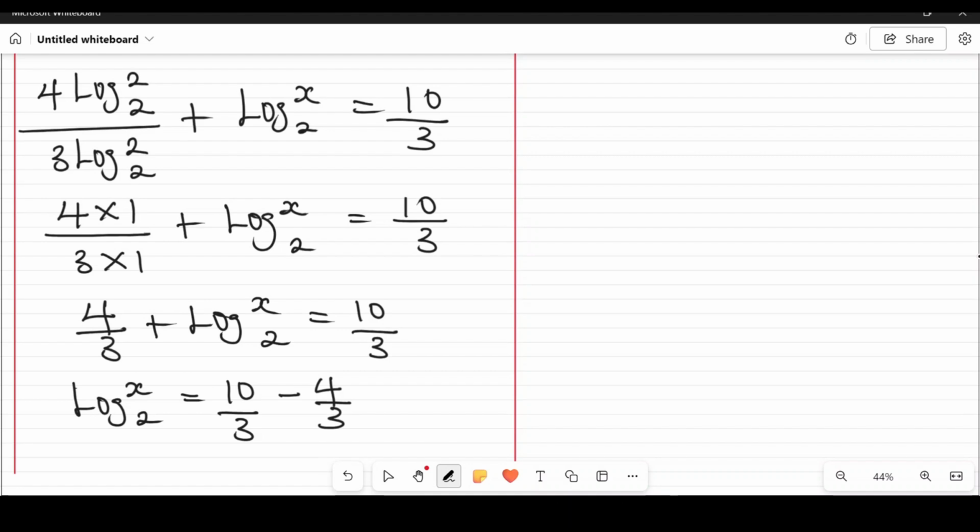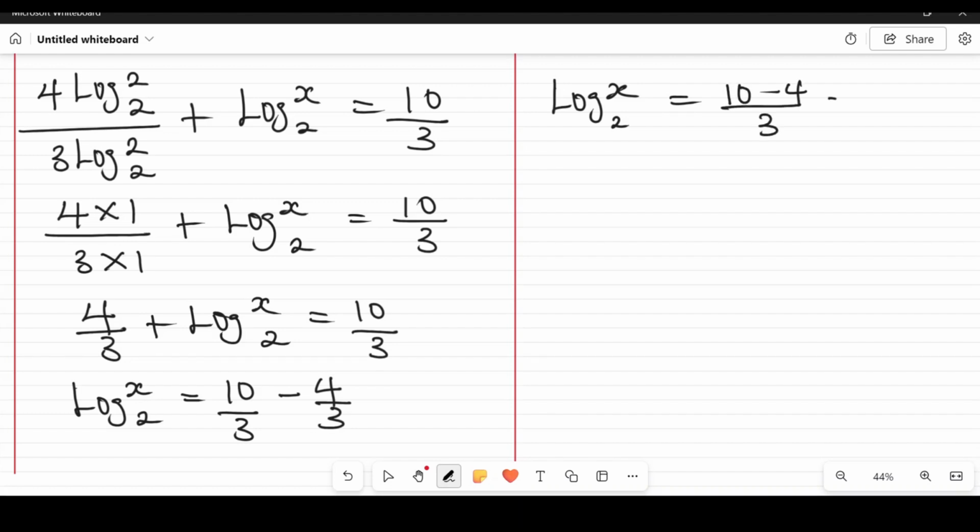First, our equation becomes log x to base 2 equals 10 minus 4, all divided by 3. This will be equal to 6 divided by 3. So therefore, log x to base 2 will be equal to 2.